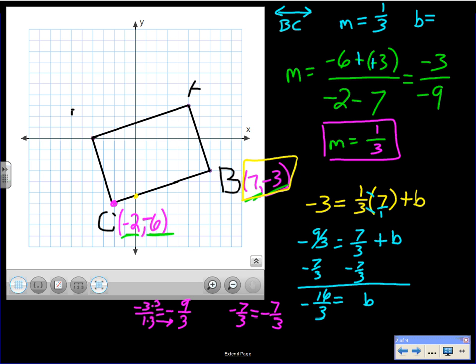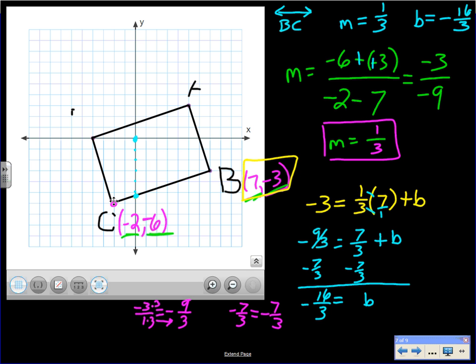And so b must be -16/3, which, if we think about it as a mixed number, is -5 1/3. And if we look here on the graph, the y-intercept that we've calculated is down 1, 2, 3, 4, 5, and that's 5 1/3. -5 1/3 for the y-intercept.